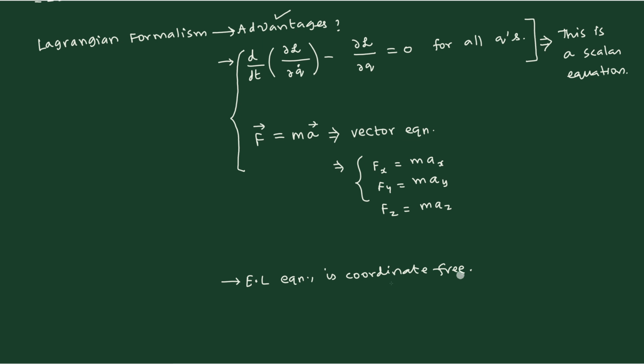By that, what is meant is that depending on a particular problem, you will have to identify the coordinate system that you are going to use, and then correspondingly express the Euler-Lagrange equation in that particular coordinate system. But otherwise, if you are not going to refer to a particular coordinate system, the appearance of the equation will be the same in all the coordinate systems. So that is an advantage.